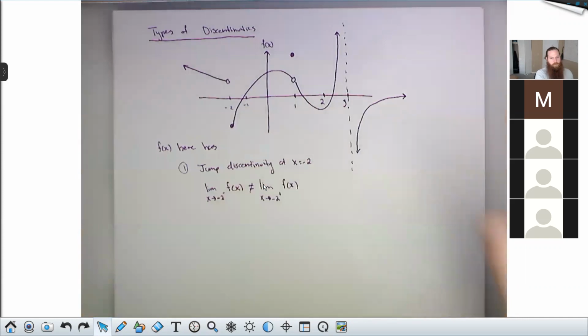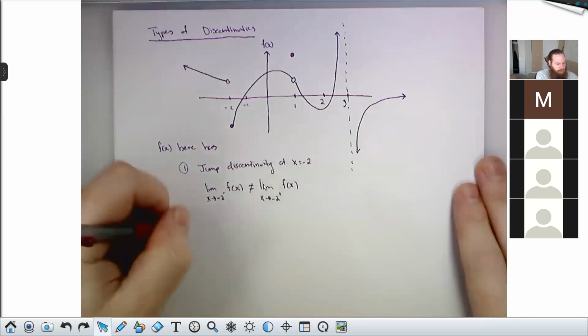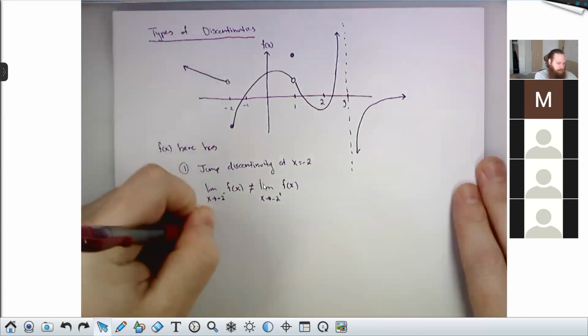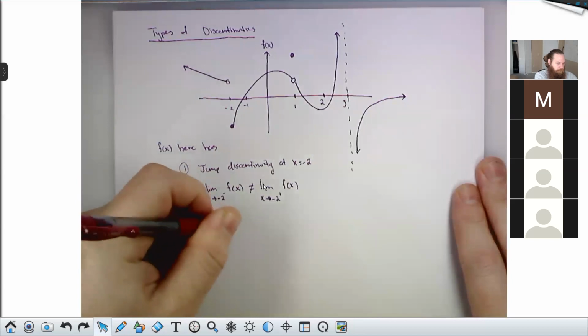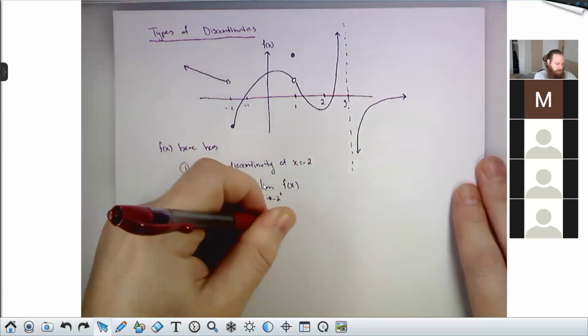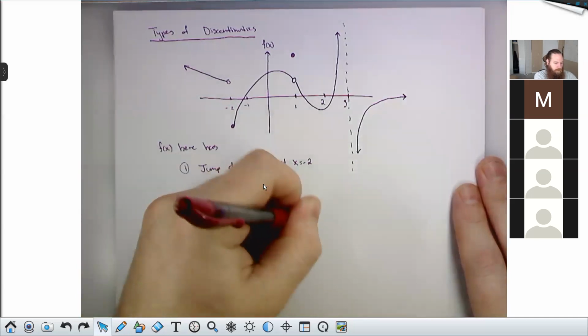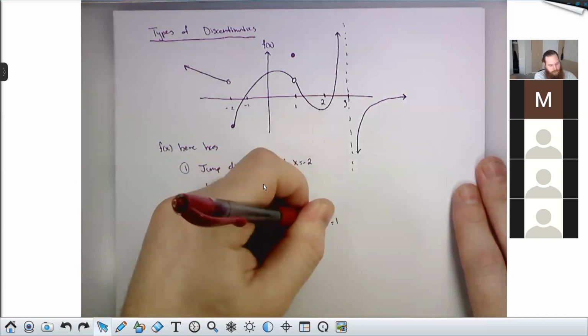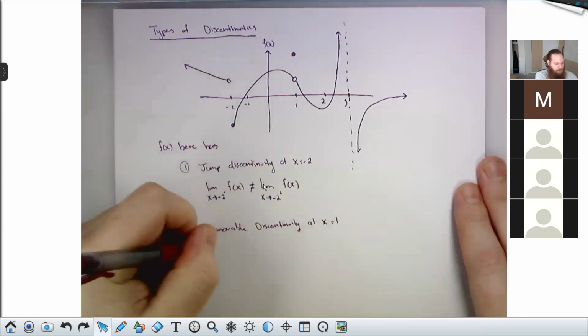Right? Both of those limits exist, but they're not equal to one another. They're both finite, they both exist, but they're not equal. We have a removable discontinuity at x equals 1, because here the limit exists.